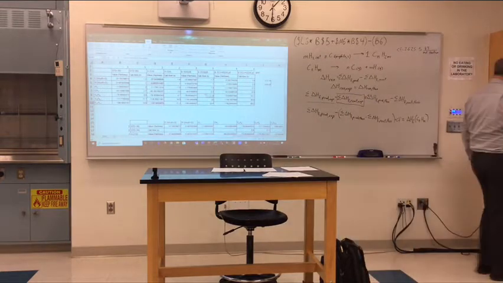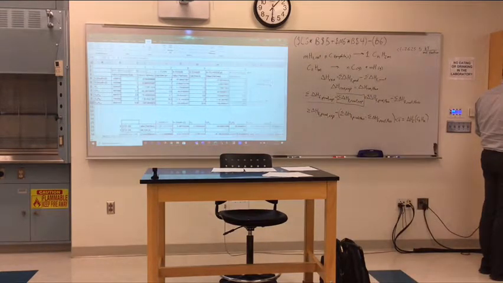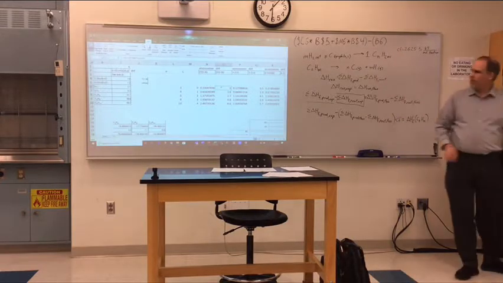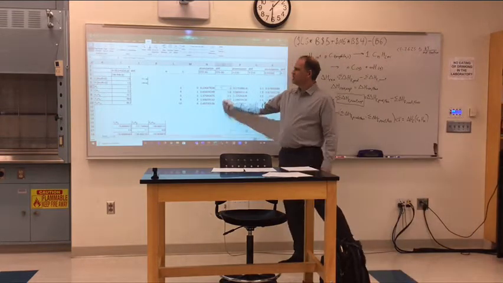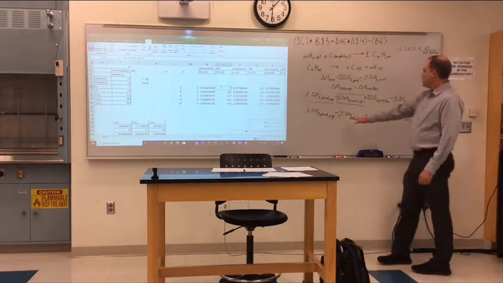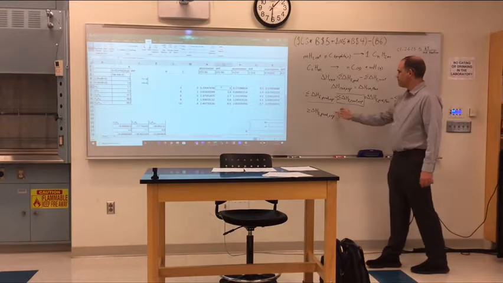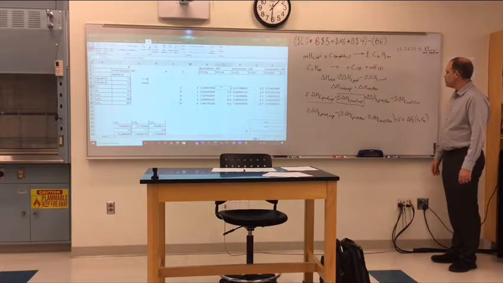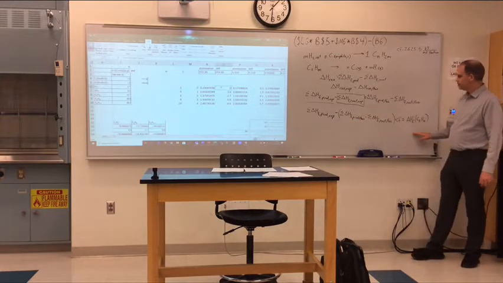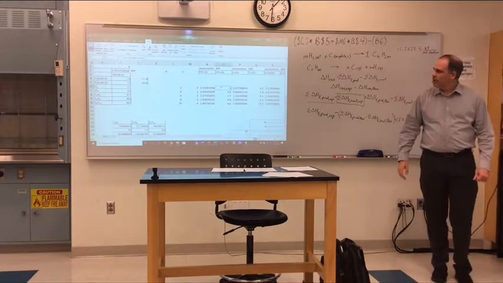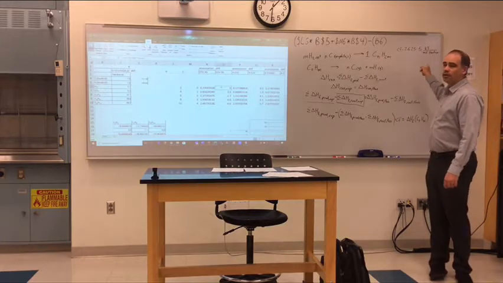Okay, now, we didn't yet figure out our enthalpy of formation values. So what we need to do is calculate these delta HF. We're going to use this equation on the bottom. The atomization energies that we currently have are in Hartrees.